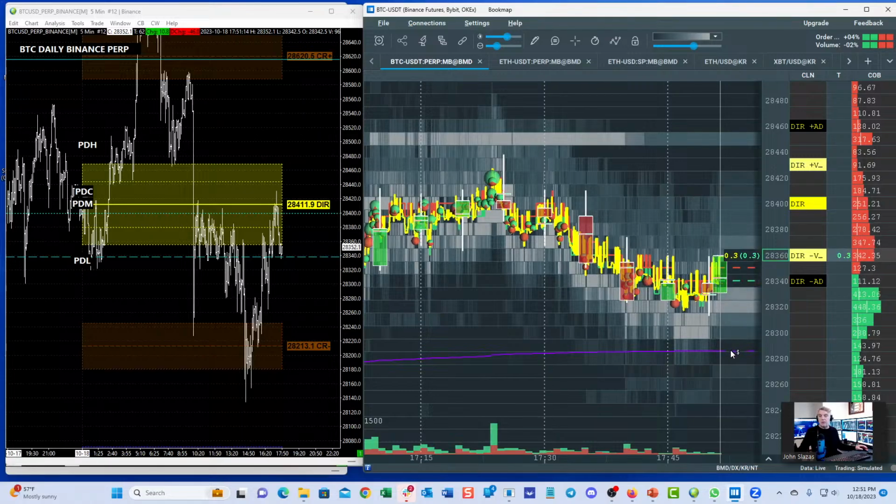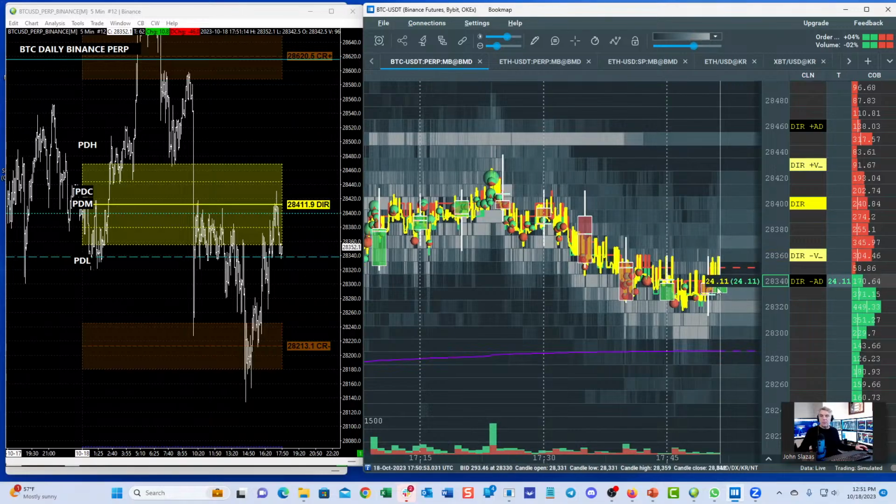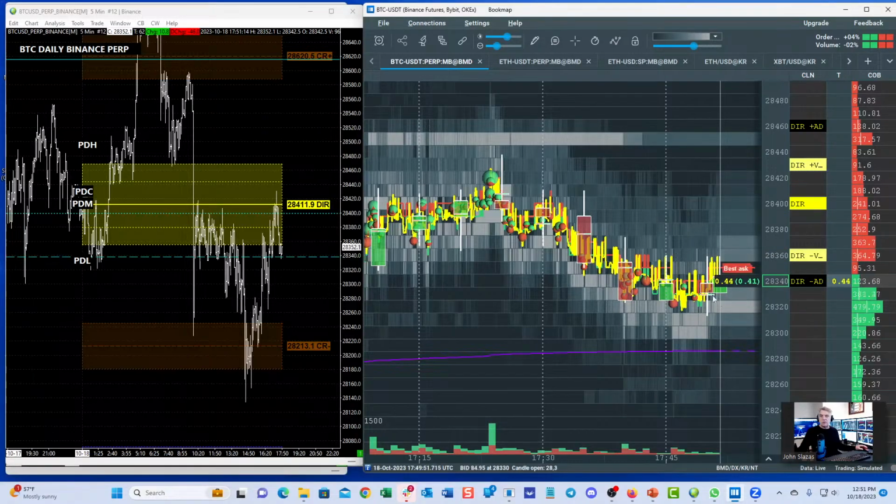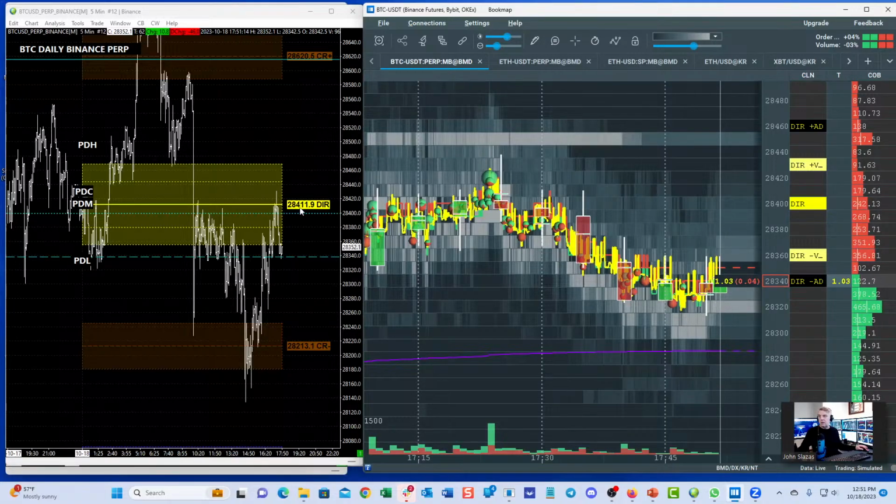We do have the VWAP here, and that would be another good validation, right? If we get below the VWAP, we have some aggressive sellers starting to come in here. Any aggressive selling that starts to come in this area, all the way up to really 28,400 right now, because our figure is 411, it shouldn't trade back above here.